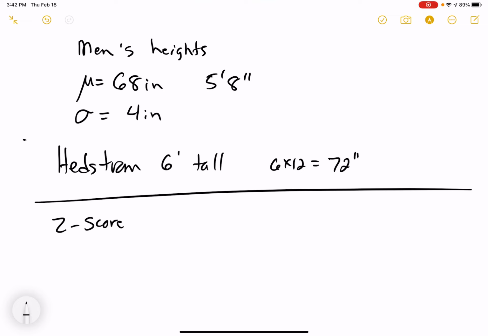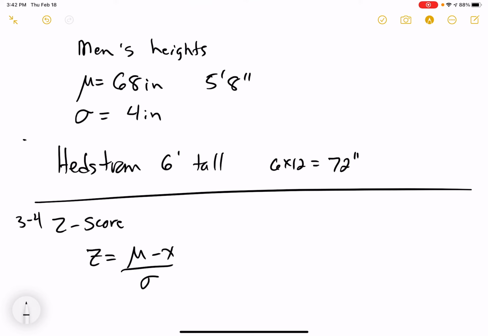And now I've moved into section 3.4, where I'm talking about measures of relative standing. And the way that we calculate a z-score is we take z equal to the value minus mu, divided by the standard deviation. What we're going to do here is figure out where my height is relative to all other men.